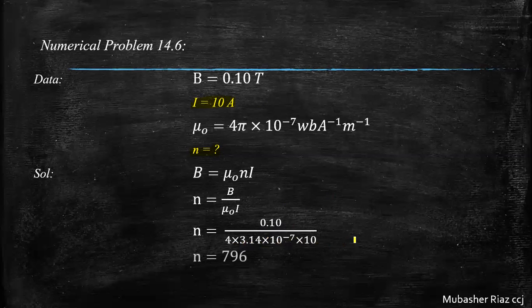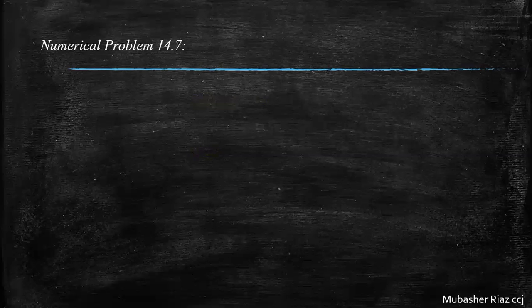So the number of turns required for this purpose is 796. यानी 796 turns per meter required होंगे to produce this strength of magnetic field.